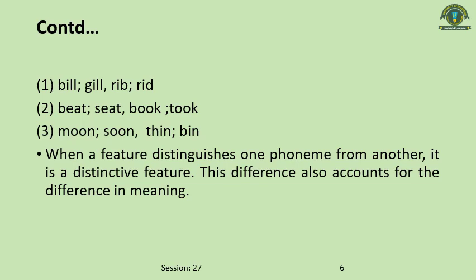This difference also counts for the difference in meaning. So distinctive feature, and it accounts for what? Difference in meaning. Such as beat and seed, book and took, moon and soon, thin and bin, or bill and gill, or rib and rid. Are you getting my point?